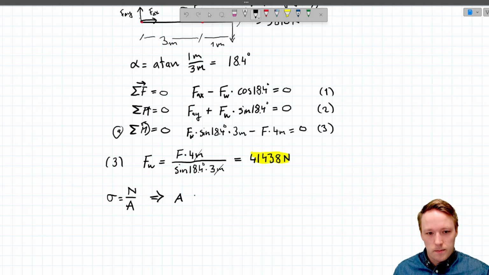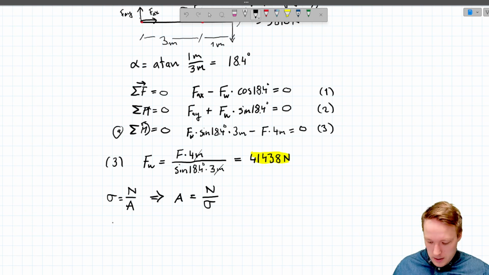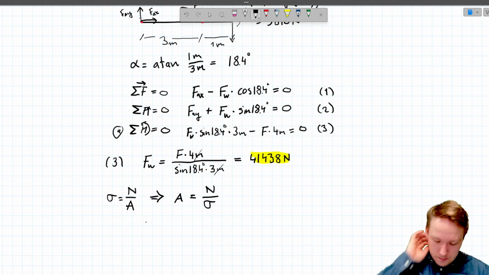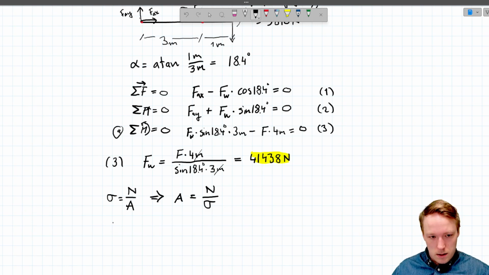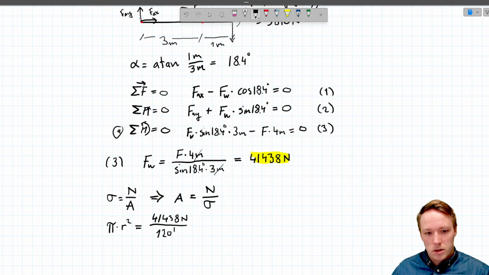A will be N divided by sigma, and in this example A will be pi times radius squared, equals 41,438 divided by 120 megapascals, so newtons per square millimeters.